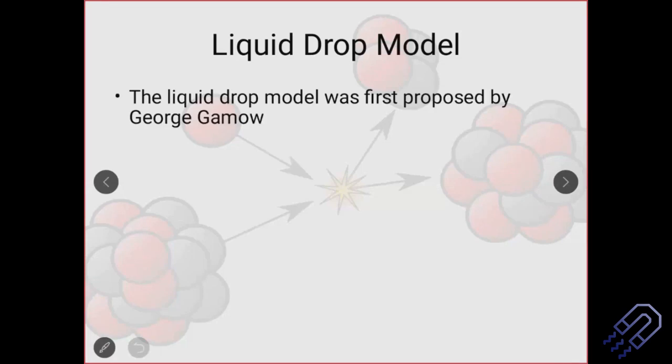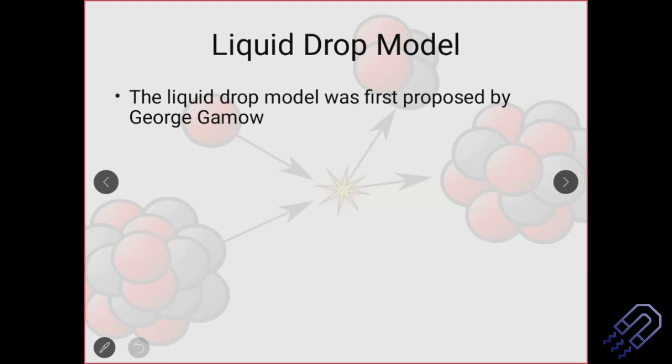The liquid drop model was actually proposed by George Gamow. I think Gamow is someone you might have heard about, because Gamow also gave the theory of alpha decay. Gamow's theory also made a better base for quantum mechanical tunneling.